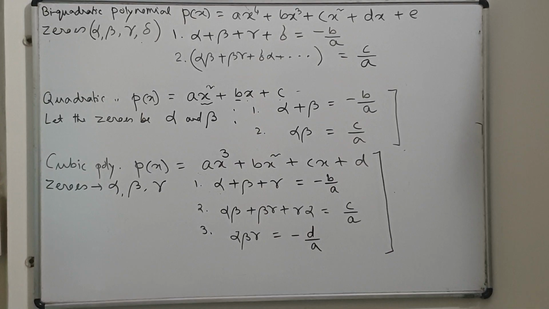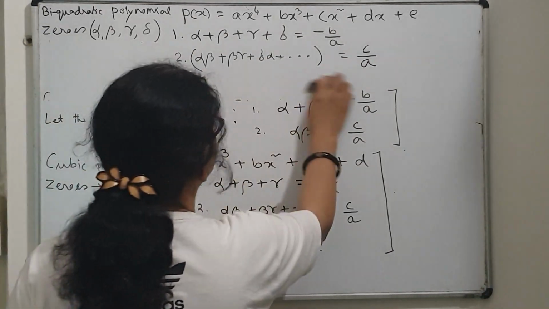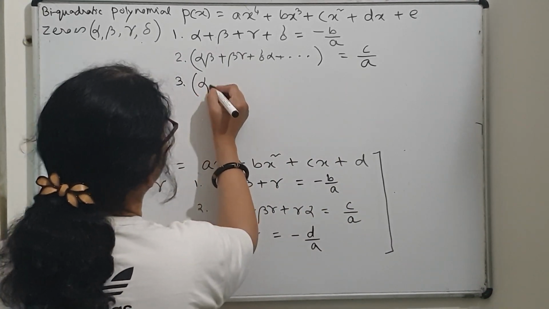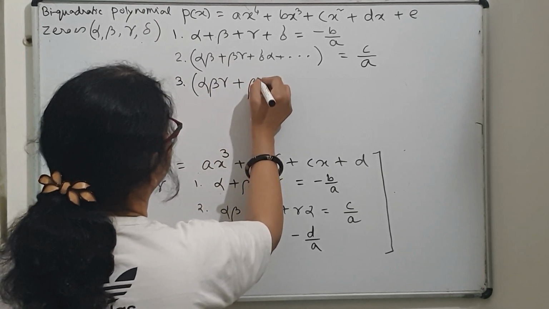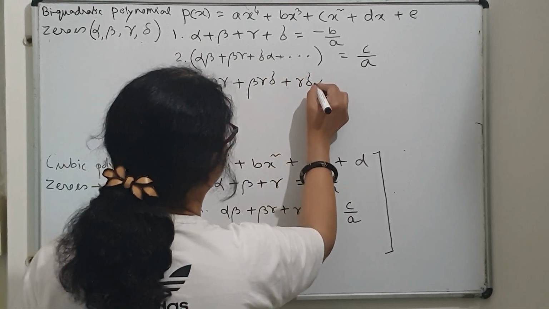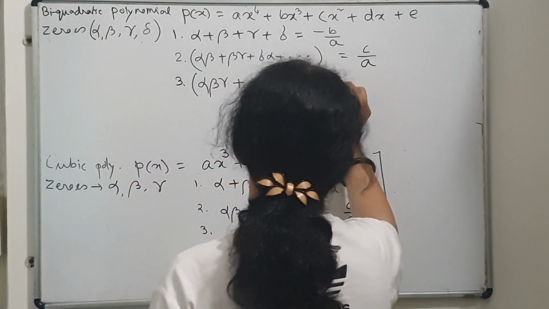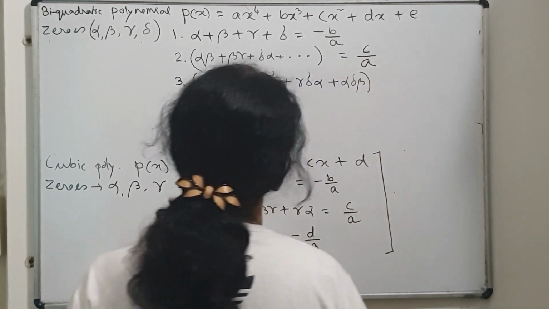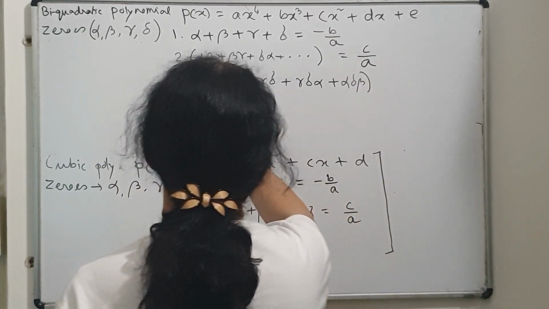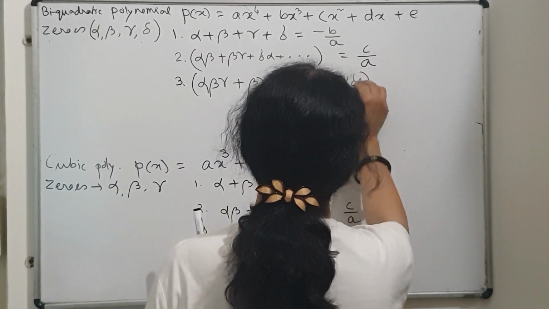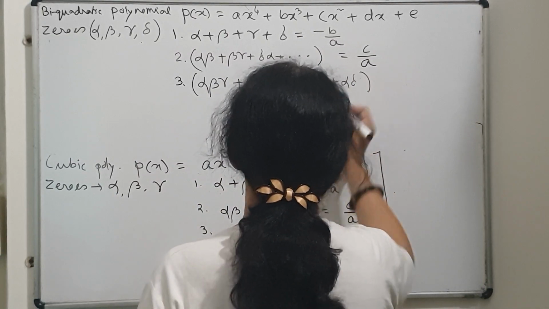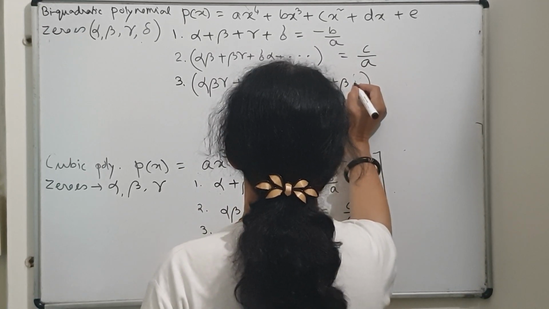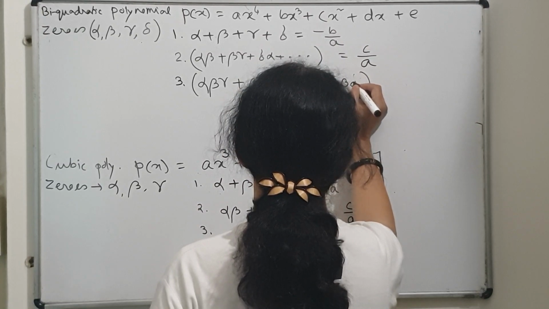Then the third relation is the sum of the product of the zeros taken 3 at a time: alpha, beta, gamma, then alpha, beta, delta, then alpha, gamma, delta, and beta, gamma, delta.